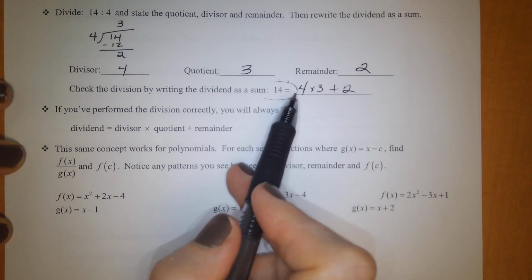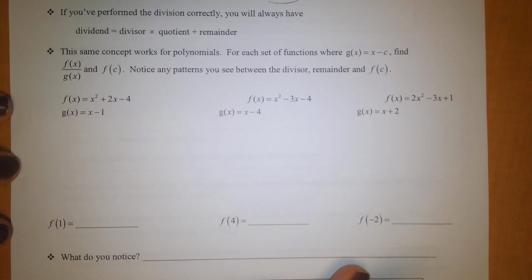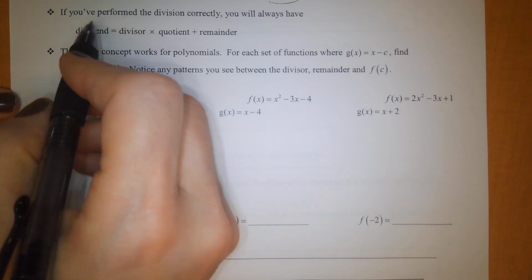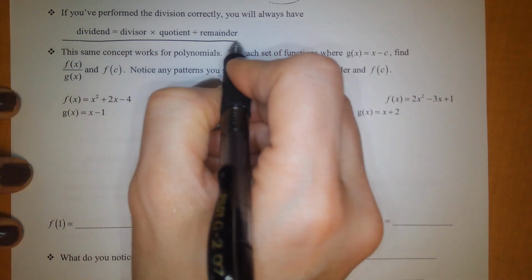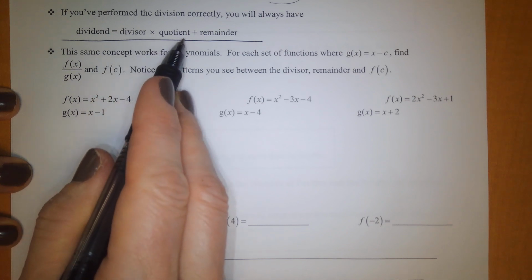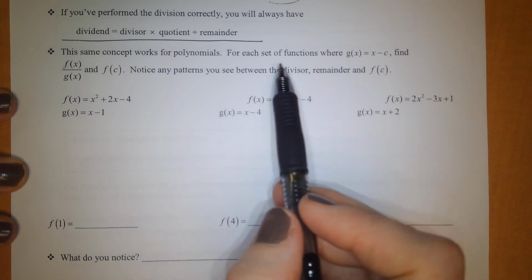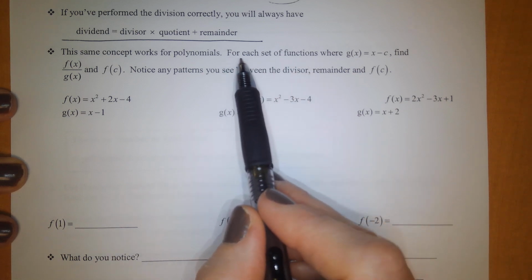So we're going to use these tools to solve bigger things that involve x's. So remember, dividend is always equal to divisor times the quotient plus the remainder. So let's use this for polynomials.